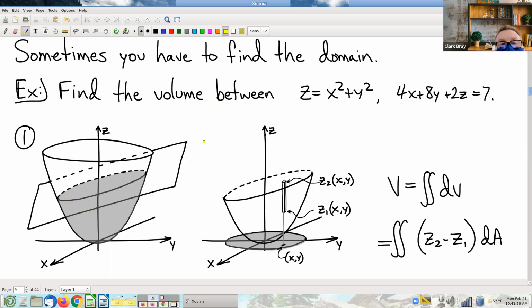Well, I'm going to look at the shadow down here, and I'm going to argue that if I were to look at little pieces of area down there, over each piece of area, I could look at the height here, which is the difference of those two z coordinates.